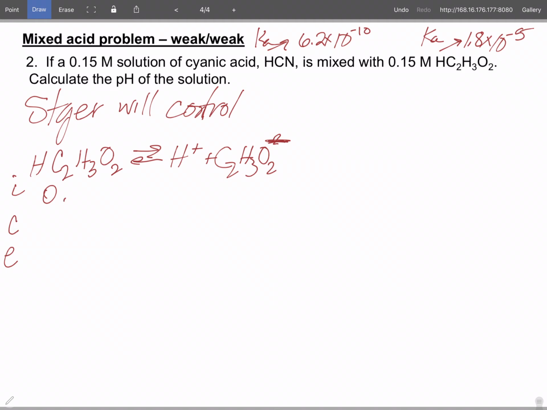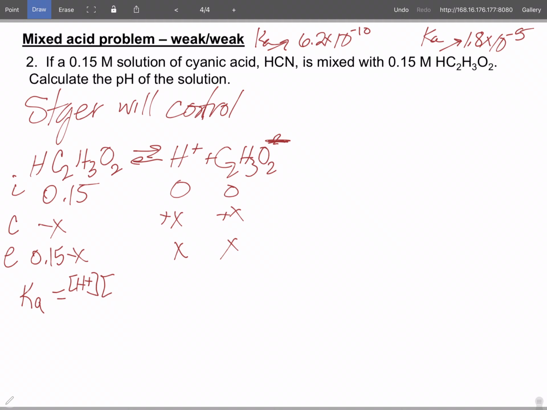We're going to have 0.15 here, 0, 0, minus X, plus X, plus X, so 0.15 minus X, X, and X. This is strictly a Ka, which means it's strictly the H plus times the conjugate C2H3O2 minus divided by the protonated acid.